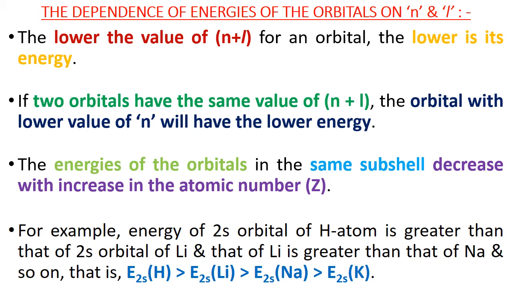For example, the energy of 2s orbital of hydrogen atom is greater than that of 2s orbital of lithium, which is having higher energy than that of 2s orbital of sodium, which is having higher energy than that of potassium.